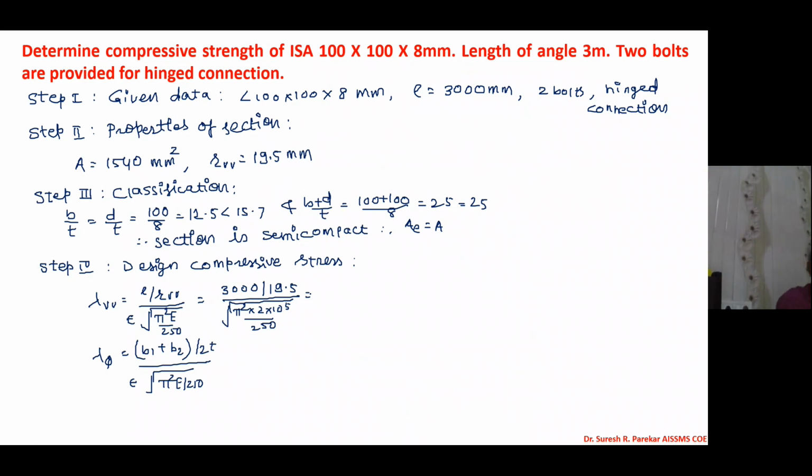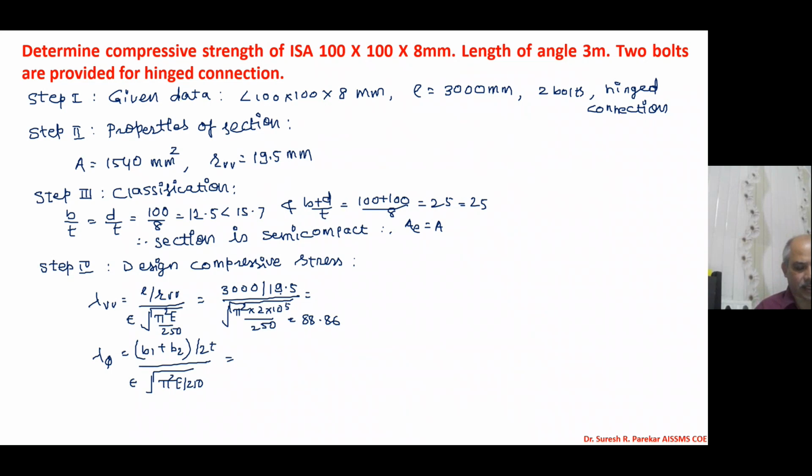That is pi square E upon 250, and root of this, it comes 88.86 is required for both.